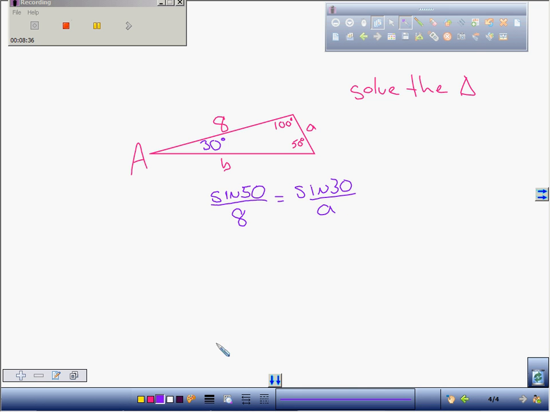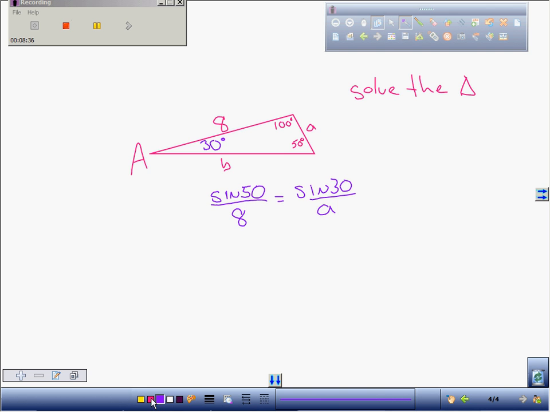Okay? And then what I would do is solve for A in terms of these things instead of plugging things into your calculator first. So let's try to get A by itself. What would I do to get A by itself?